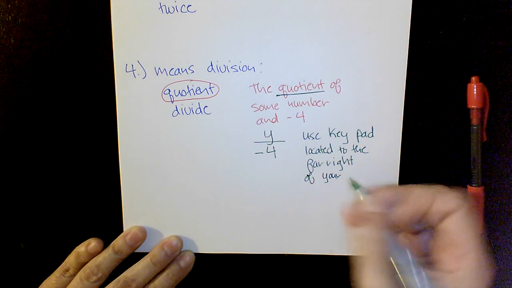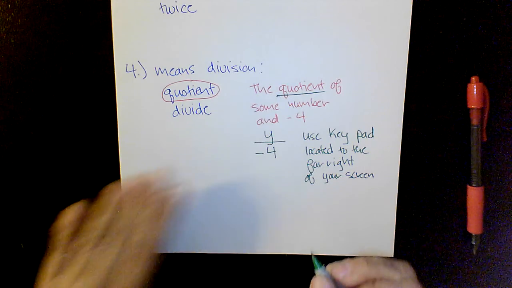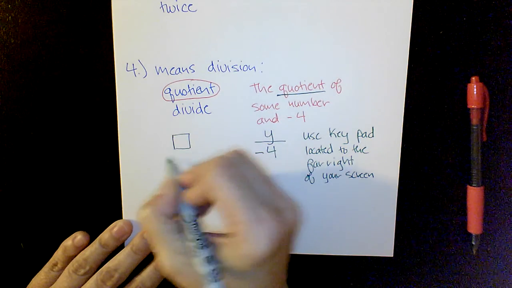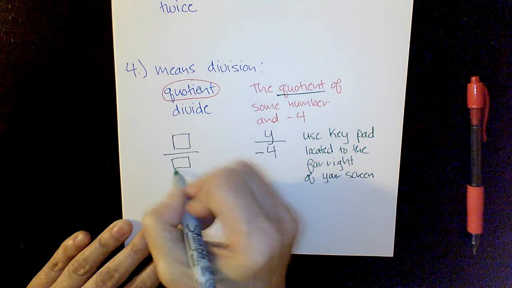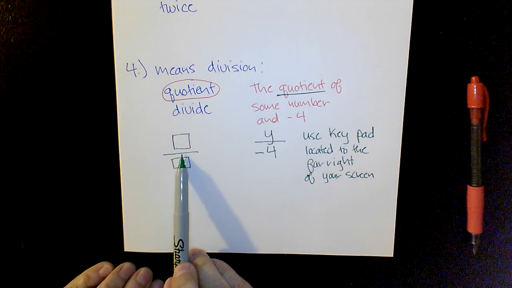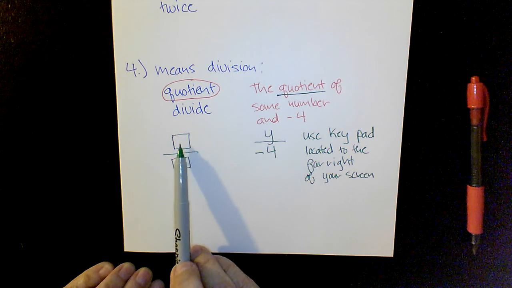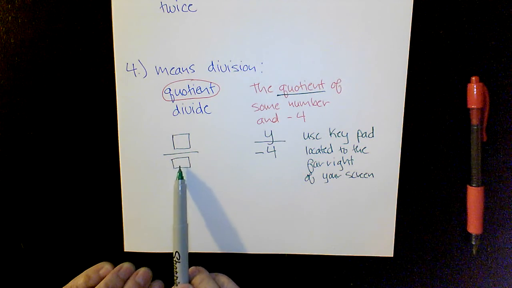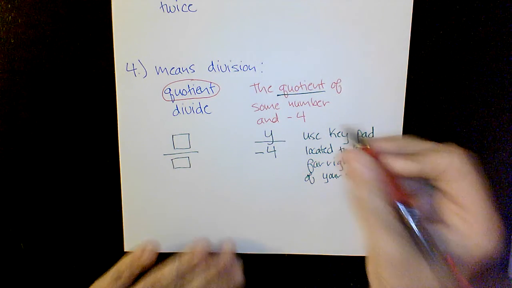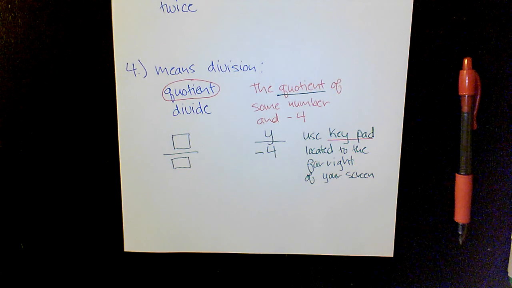Just click on it and it'll come up on the left side, and you're looking for this. So click on this picture and you'll be able to punch in the Y and tab down and punch in your -4. So whenever you're inputting a fraction, you're going to want to use your keypad in Hawks.